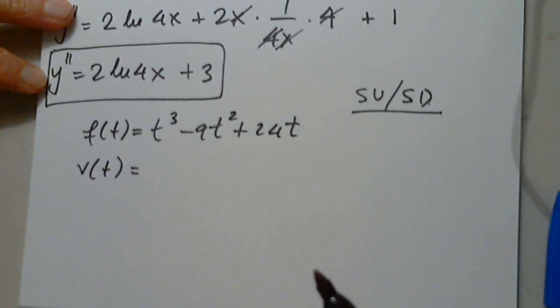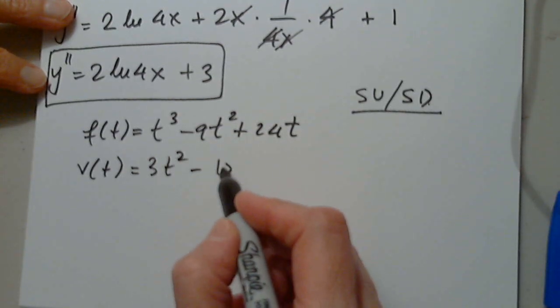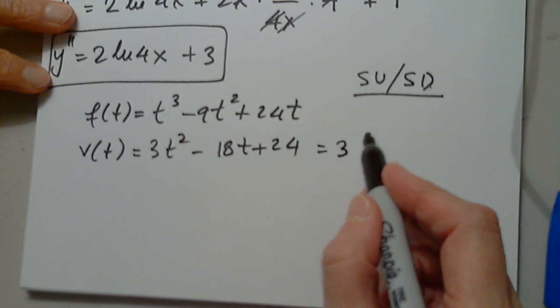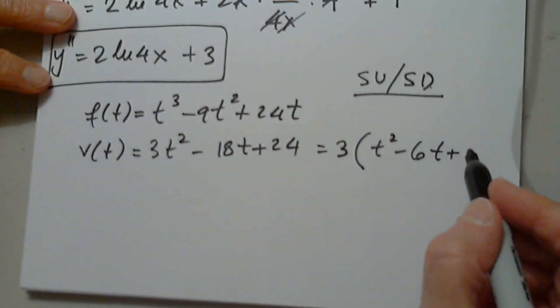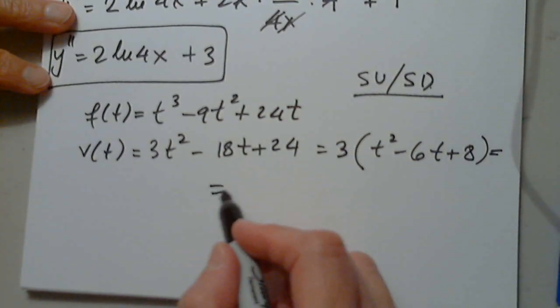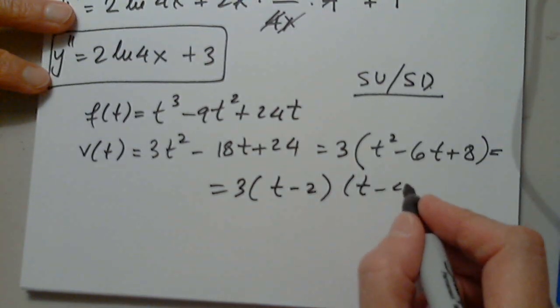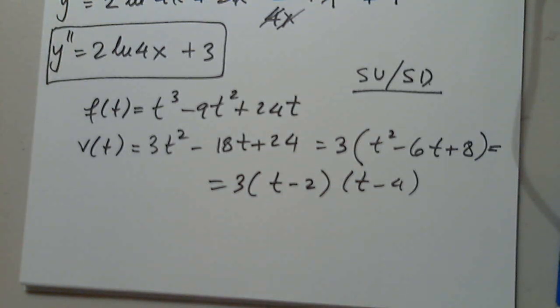So like we did last time, I have to find the velocity, which is 3t squared minus 18t plus 24. I factor out the 3, and I get t squared minus 6t plus 8. So this is 3 times t minus 4 times t minus 2. It appears like it's the same function we worked on in class. Maybe not. I'm just taking from memory.